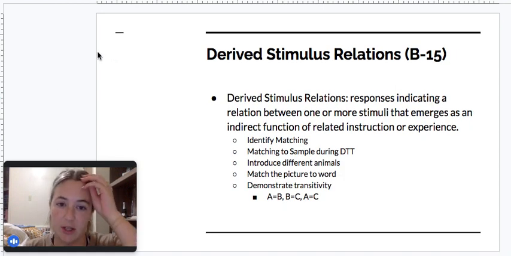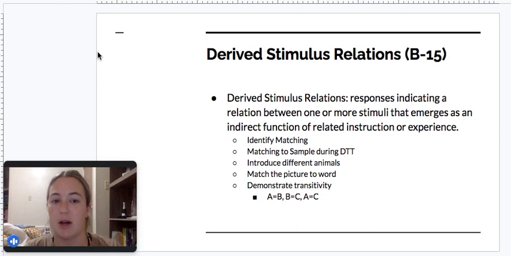Derived stimulus relations are responses indicating a relation between one or more stimuli that emerges as an indirect function of related instruction or experience. In this case, with the dog, an instance where derived stimulus relations would occur is when you're matching to sample, slowly introducing different animals, matching the picture to the word.